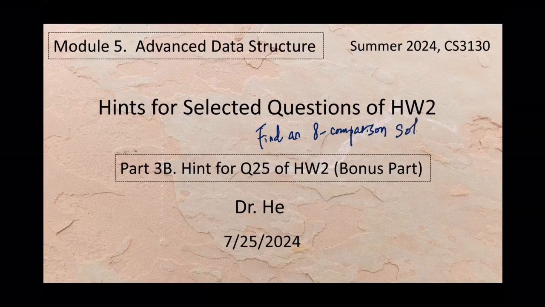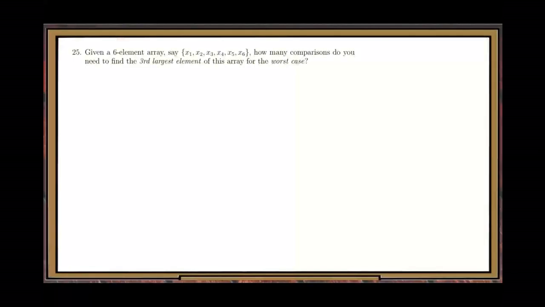Solution to solve this problem. To do that, we need to use some important results.